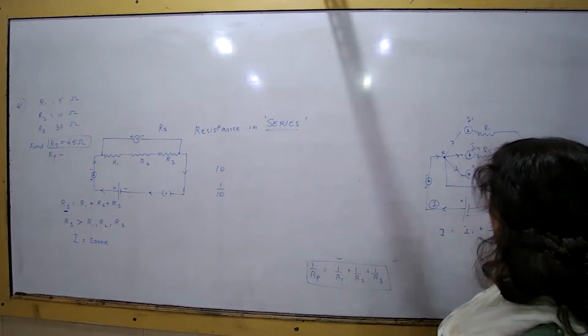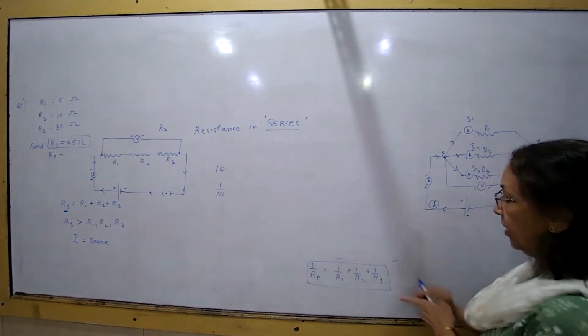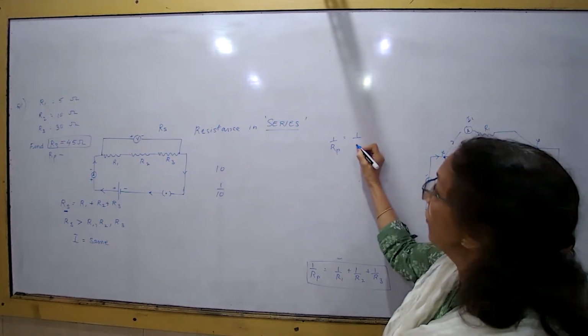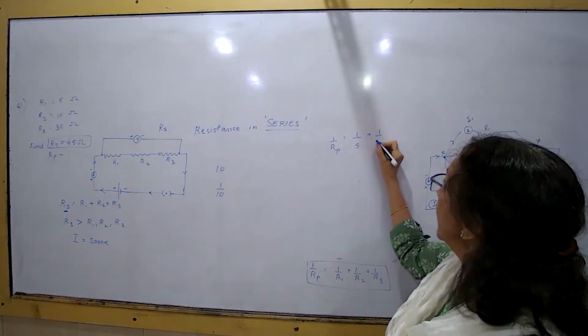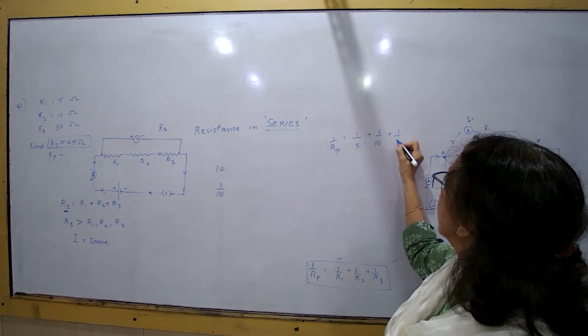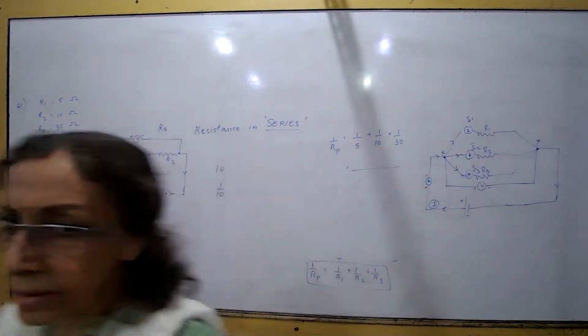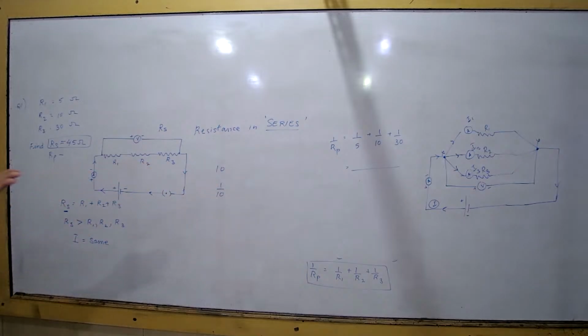So how do we do it? 1 upon RP is equal to 1 upon 5 plus 1 upon 10 plus 1 upon 30. Find the LCM. Come on, quickly.